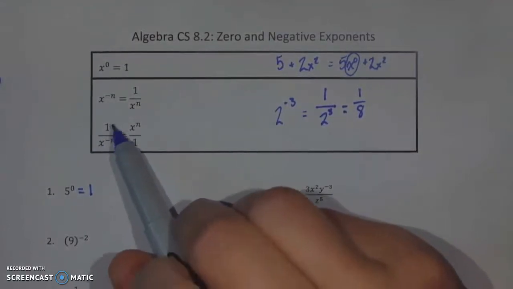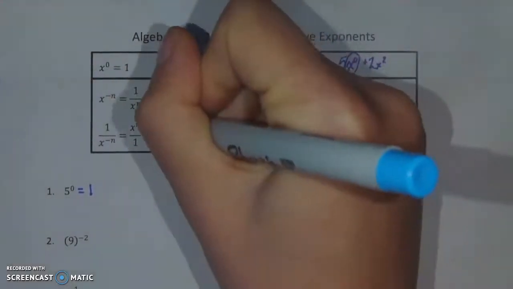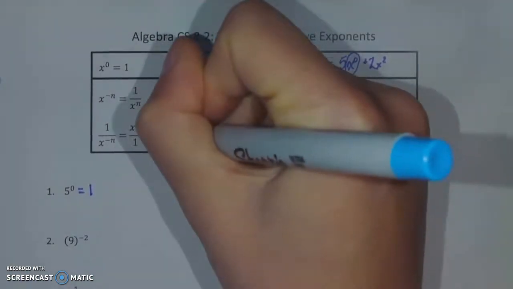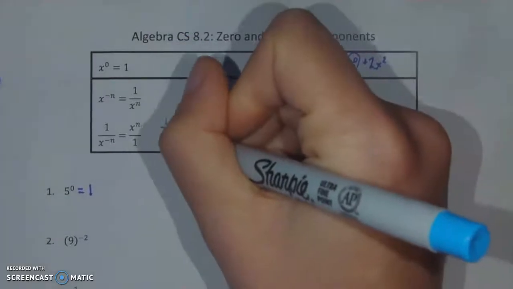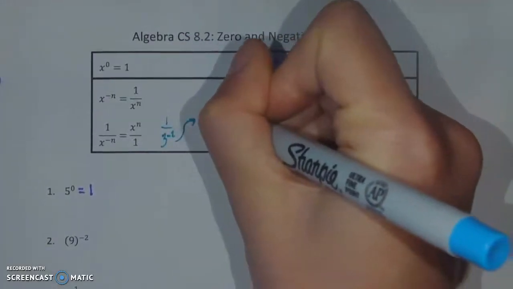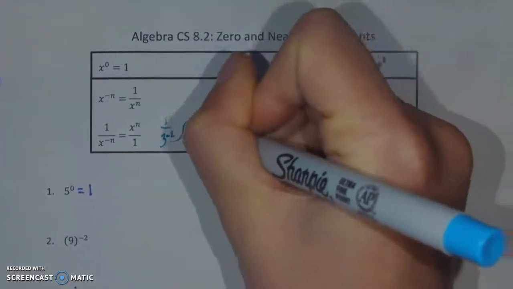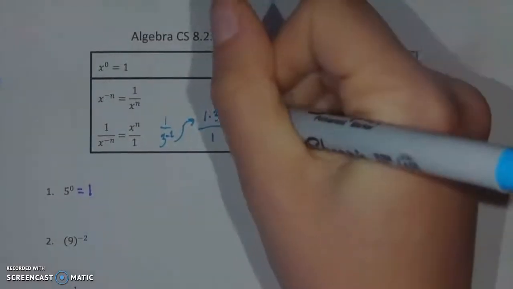So let's say we had 1 over 3 to the negative second. Okay, we're just going to flip those around. Well, all it's saying is put it up at the top of the fraction. Now we have 1 times 3 to the negative 2, and since there's nothing down here, it's just a 1. And that would go to a positive 2.